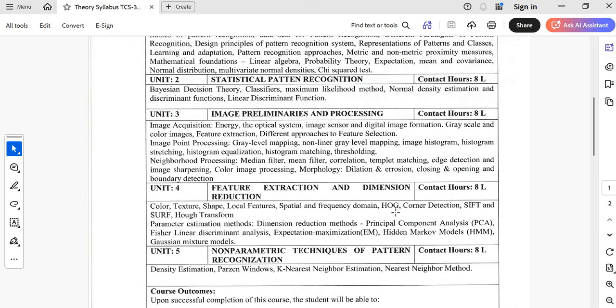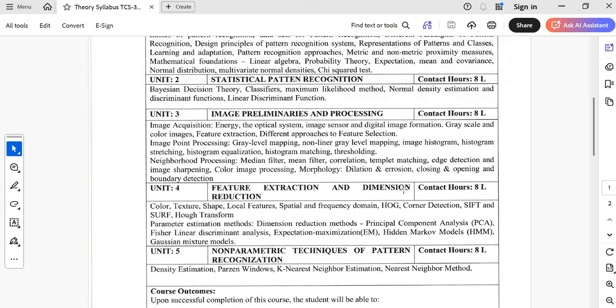For students interested in AI and machine learning, this subject is extremely useful because many concepts are directly used in deep learning, computer vision, face recognition, medical imaging, and autonomous systems. So take this subject very seriously.